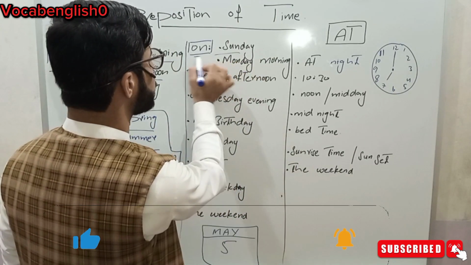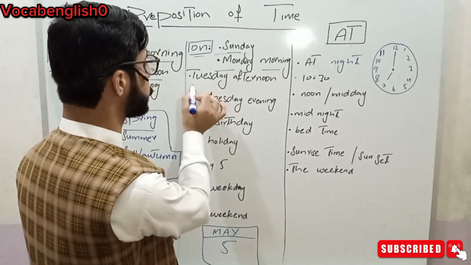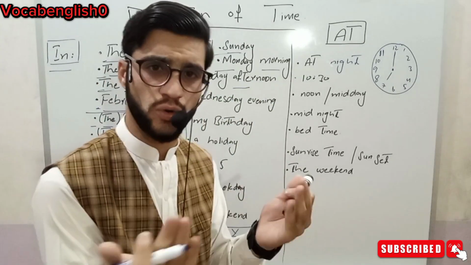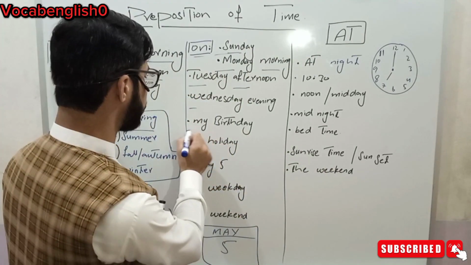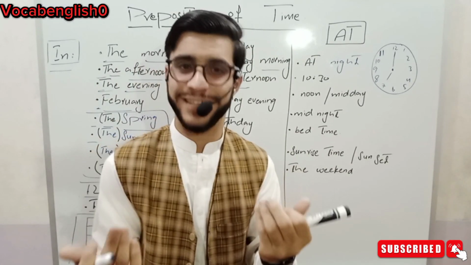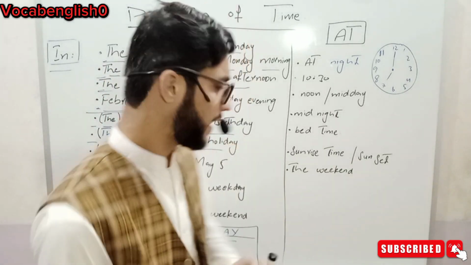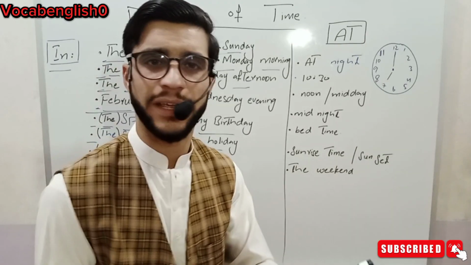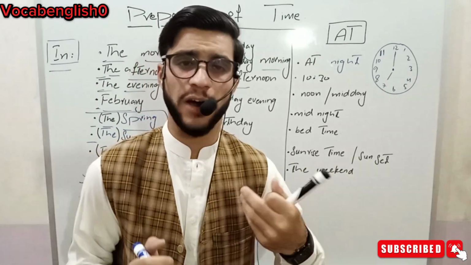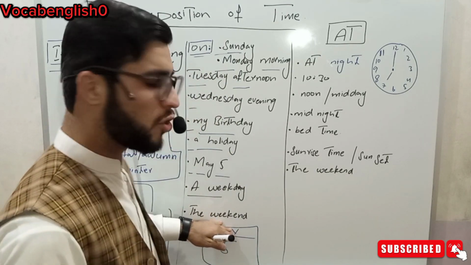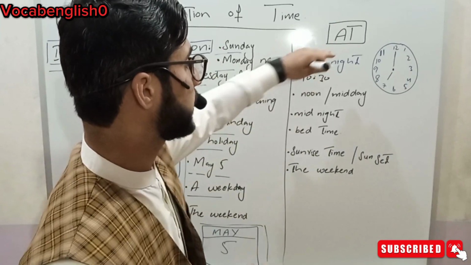The first is on Sunday, the second is on Monday morning, the third is on Tuesday afternoon, the fourth is on Wednesday evening, the fifth is on my birthday, the sixth is on holiday, and another is on 5th May, on a weekend, or on a weekday.